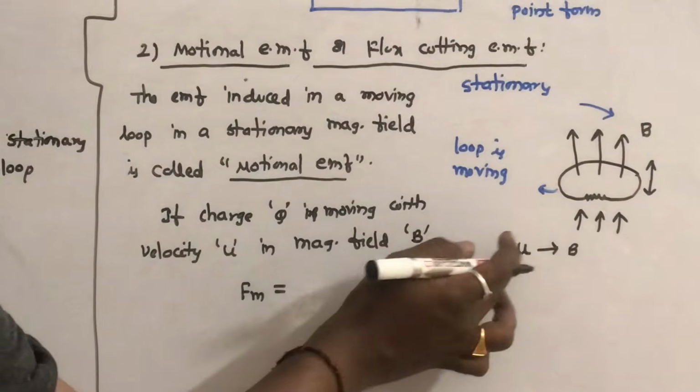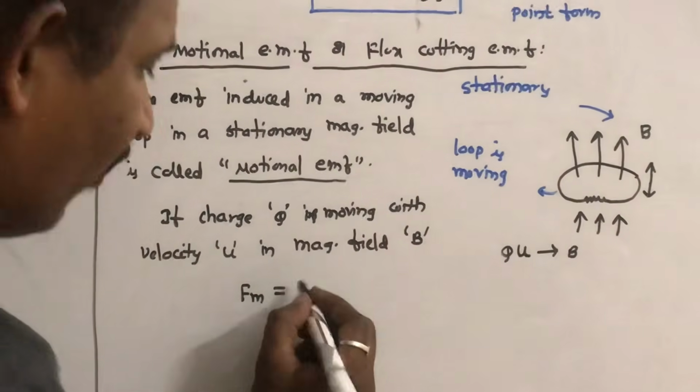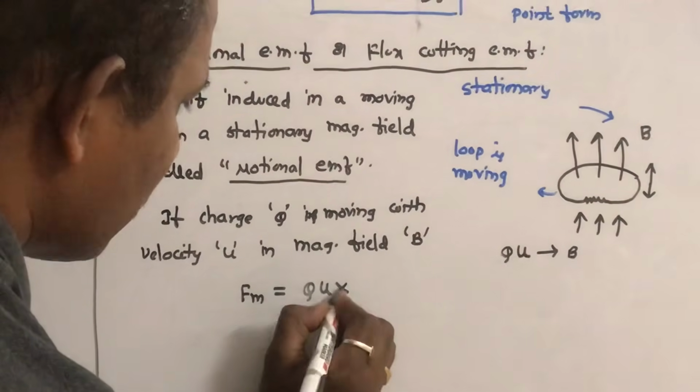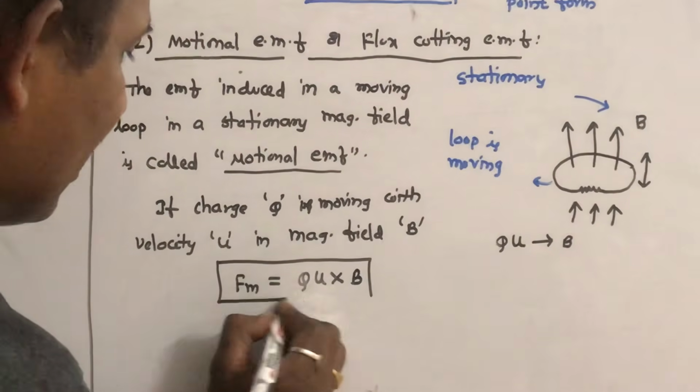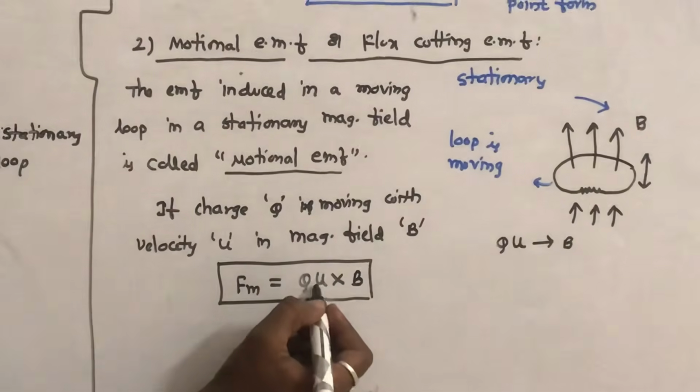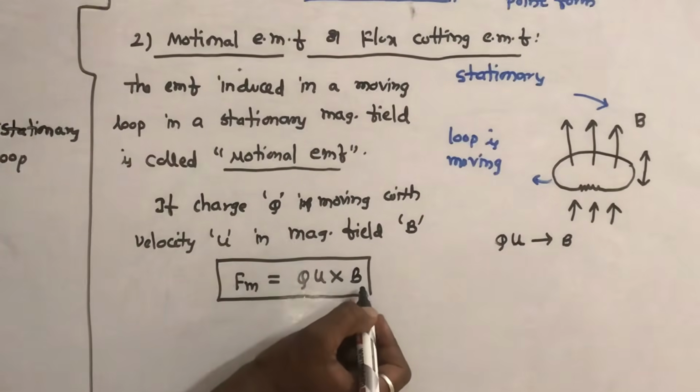The formula is Q u cross B. This is the force experienced by a charge Q moving with velocity u in a magnetic field.